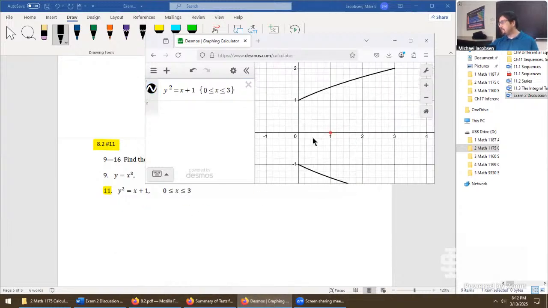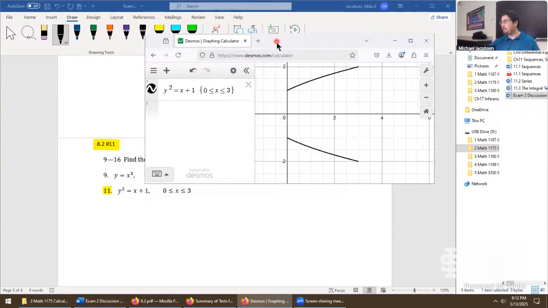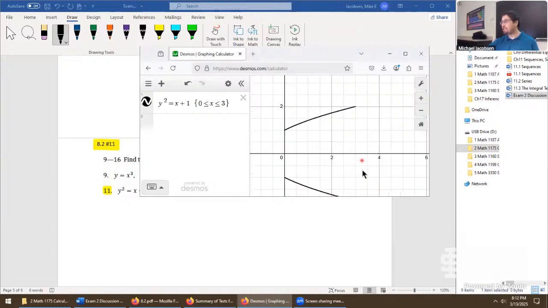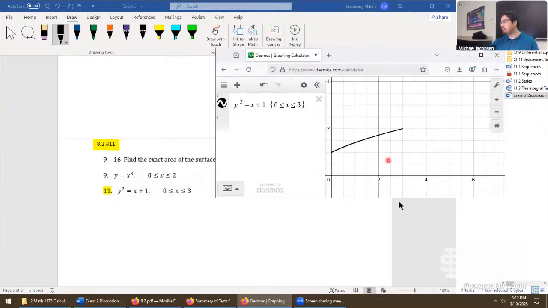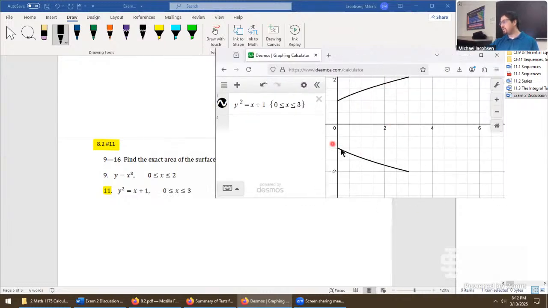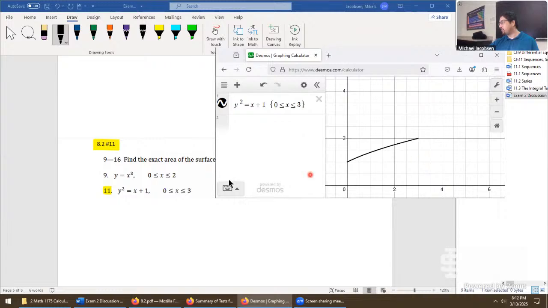And interesting. Looks like we've got 2 branches of this curve that we're rotating about the x-axis. If that's the case, this is the view we can take. Let's just take the top curve, because if we rotate this about the x-axis, due to symmetry, we get this line as well at the same time. So let's grab that bit, make this our graph.